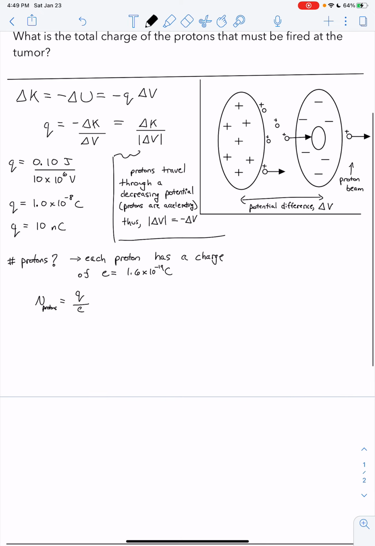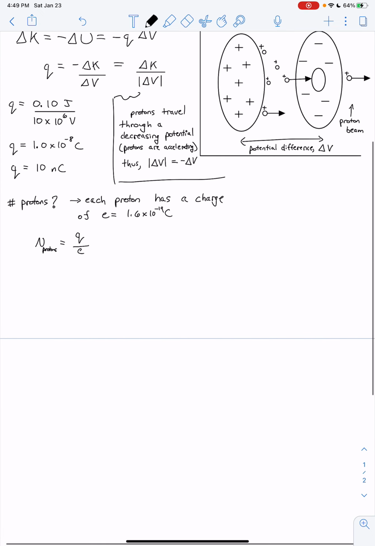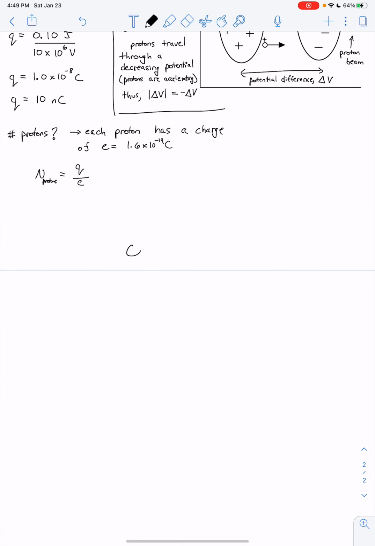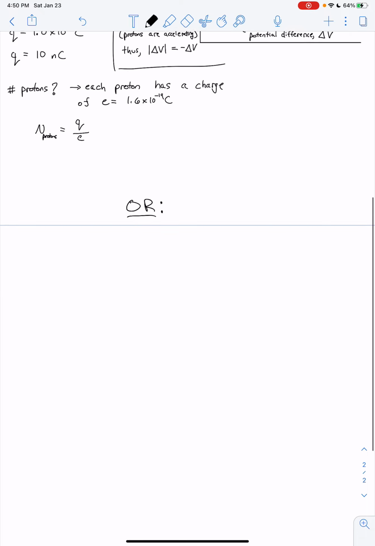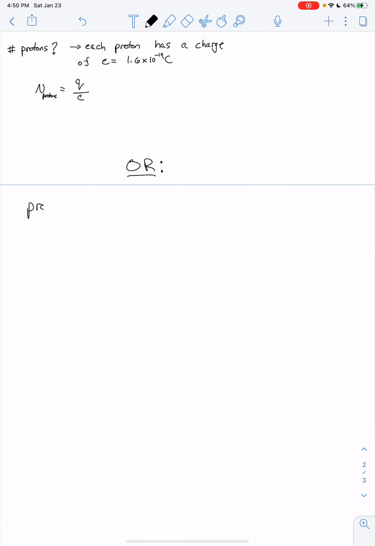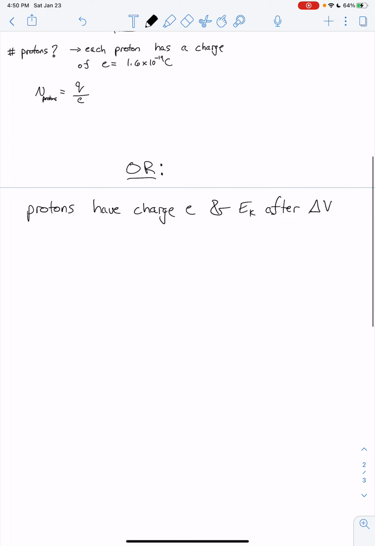So I just want to do this another way as well. Well, let's think about this a different way. So protons have charge E, and kinetic energy after this potential difference is going to be equal to 10 MeV.